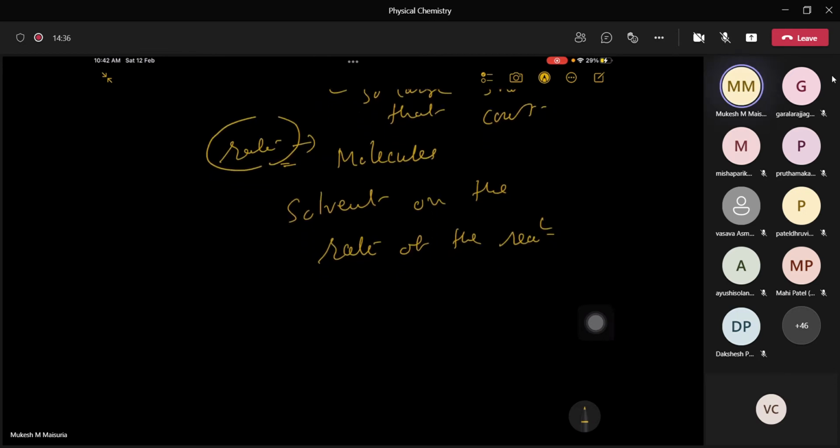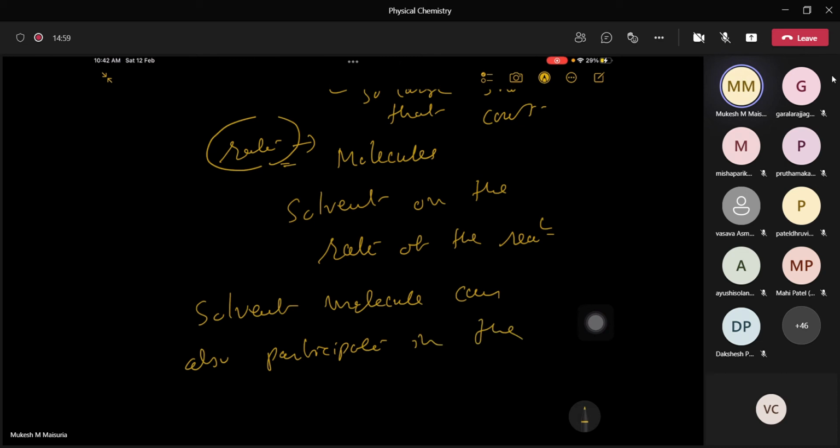But we know that in many cases, or in most cases, the solvent molecule can also participate in the reaction.